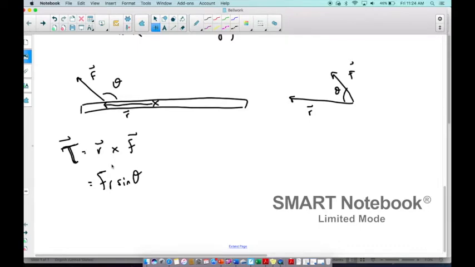It's going up, so I need to curl my fingers up. And when I do that, I have to pivot my palm kind of awkwardly, and I can see once again that the torque is into the screen. What does that mean? That means that my torque lies along the negative axis of rotation. And I could denote that just like this once again.